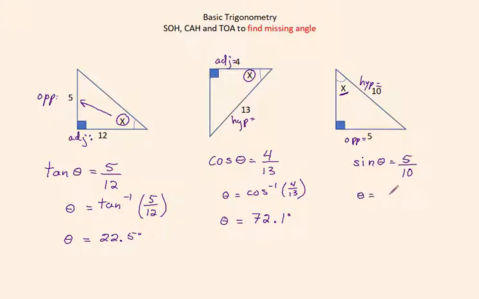Same principle as before. On my calculator, I'm going to be doing inverse sine and multiply it by the result of 5 divided by 10, which is 0.5, and that will give me a value of 30 degrees for my last angle.